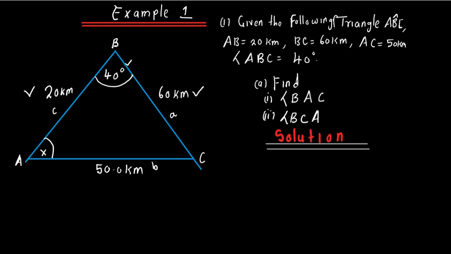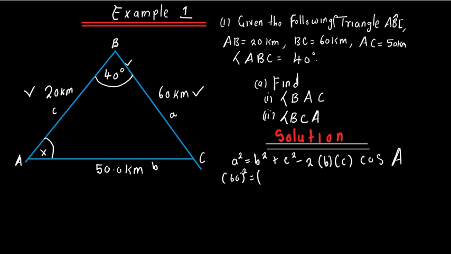So we know that A squared is equal to B squared plus C squared minus 2BC, then we have the cosine, the big letter angle A. So in this case, we can just do a replacement. A is 60 kilometers.